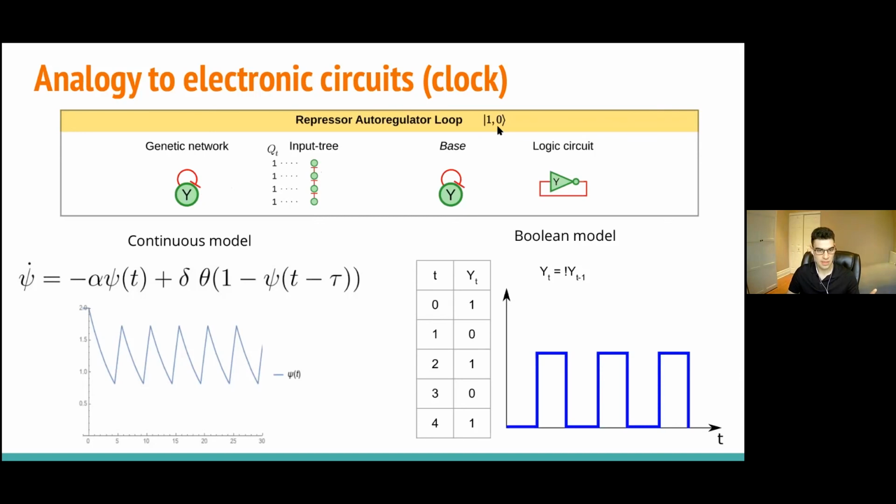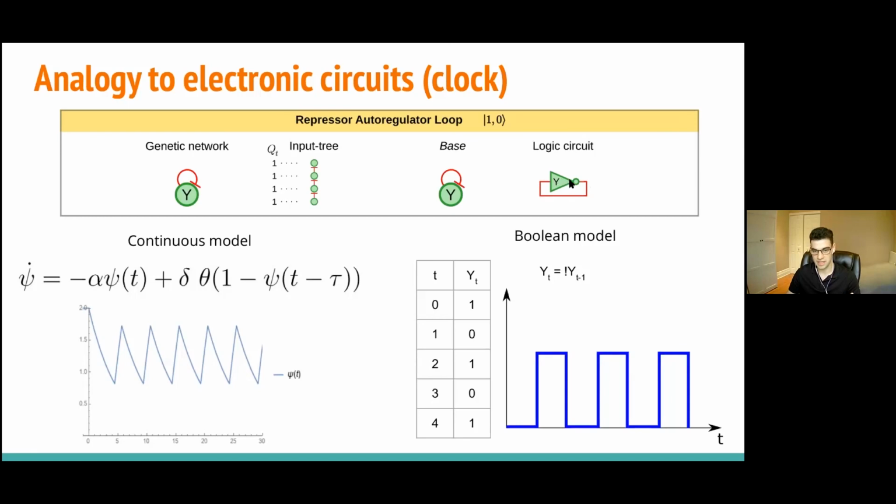So it's 1, 0. In biology, and specifically with genetic networks, what people often do is study the analogy with electric circuits, looking at Boolean models to examine simplified dynamics. That's what we did in one of our papers. We consider this NOT gate that just connects to itself.